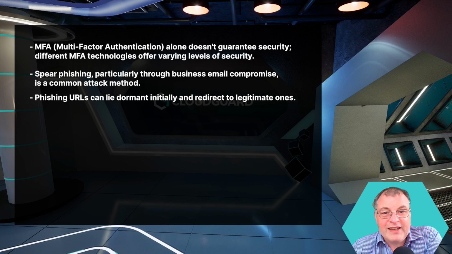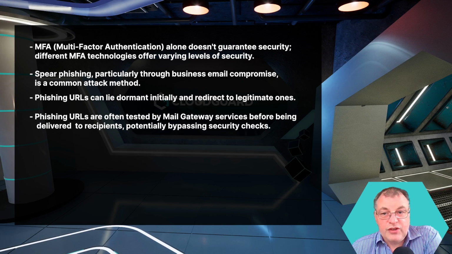Phishing URLs can easily be configured to temporarily lay dormant and redirect to legitimate URLs whilst a phishing campaign is started. Emails that are scanned by a phishing URL detonation service or mail gateway security service are successfully delivered to recipients' mailboxes and pass all of the relevant checks, fooling the systems in the process.